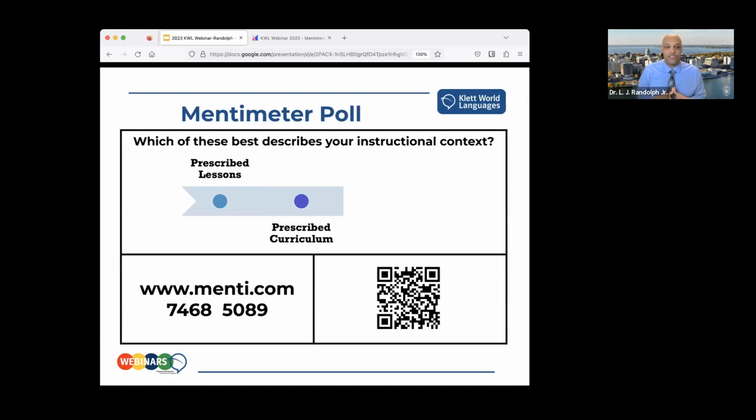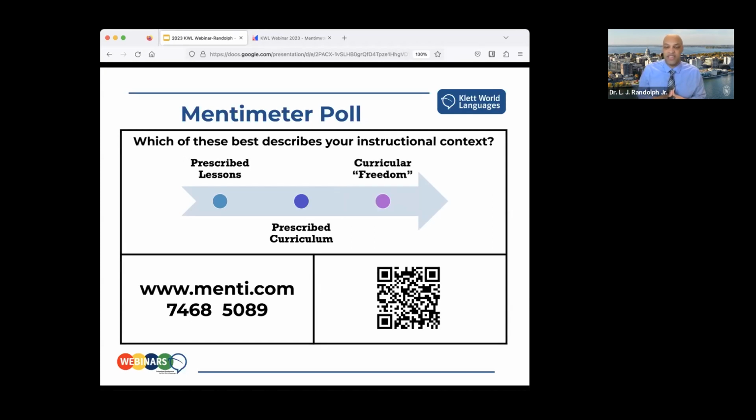Some of us have a prescribed curriculum. This was the case for me, where either you have goals that you have to address at each particular level, or you have common curricular materials, like a common textbook that you have to use, or something like that.